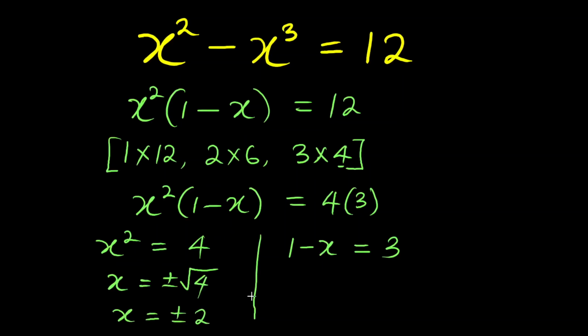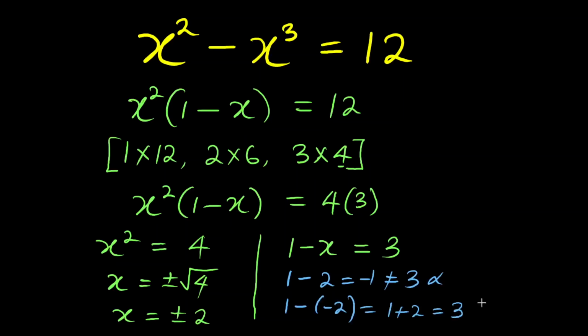If x is equal to positive 2, that will make this 1 minus 2, which will give us minus 1, which is not the same thing as 3. So x equals 2 is not the right answer. What if x is minus 2? So we have that to be 1 plus 2, which is equal to 3. So we can say that x is equal to minus 2 for one of the values of x.